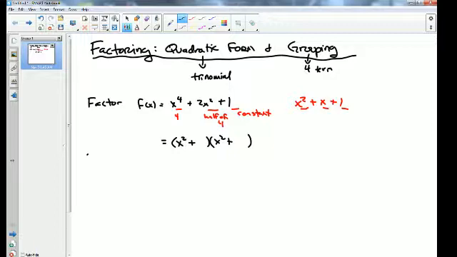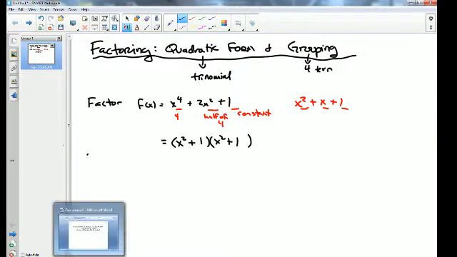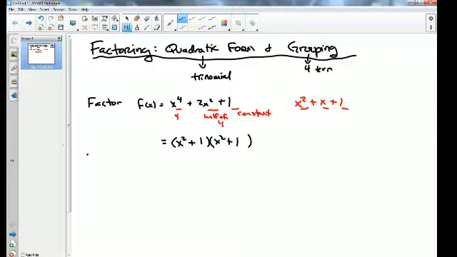Multiplies to get 1, adds to get 2, so it has to be 1 and 1. You just forget about the exponent for that split. You can think of it that way.